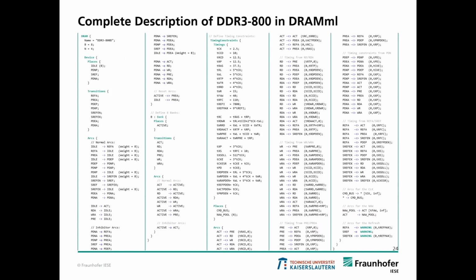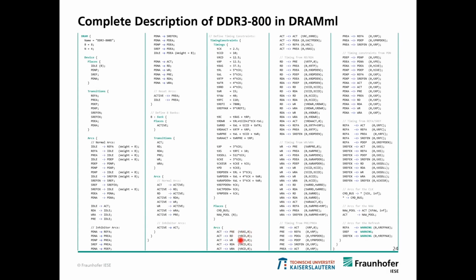Yeah, so here you can see, just as an example, a complete description of this DRAM modeling language. I don't want to go into detail. I just want to make you believe that it fits on a single page. If you look again, there is this activate to read, and there you can see again our TRCD timing dependencies.